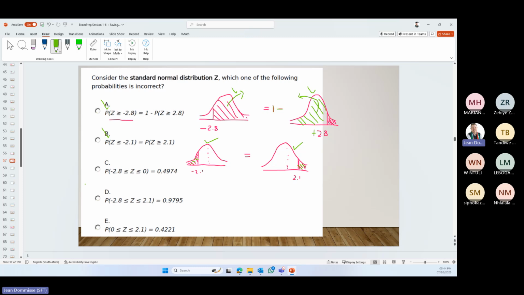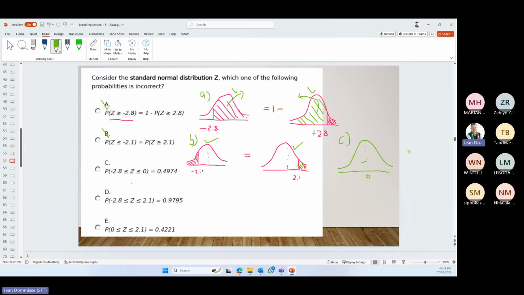And now we come to one that we probably need to work out. So let's say that is A, that is B, and let's put in C here. What is the probability? And let's put that we know where the 0 is, always in the middle.